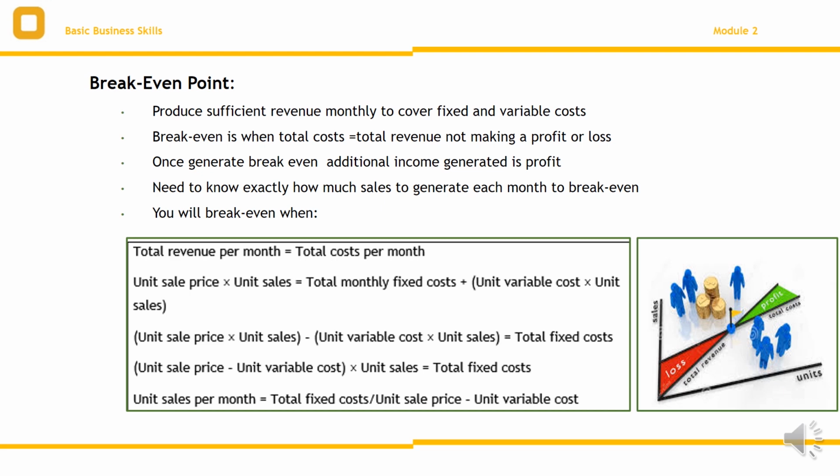You will also need to know your unit sales per month, your fixed cost per month, the unit sale price of your products, and the unit variable costs of your products, in order to know when you are going to break even as a business.